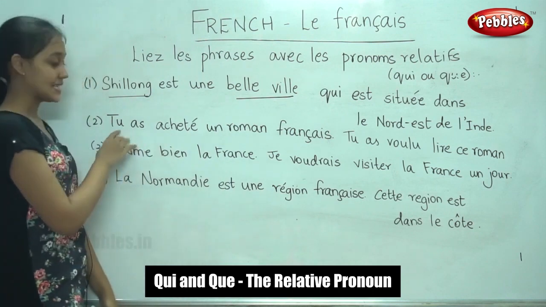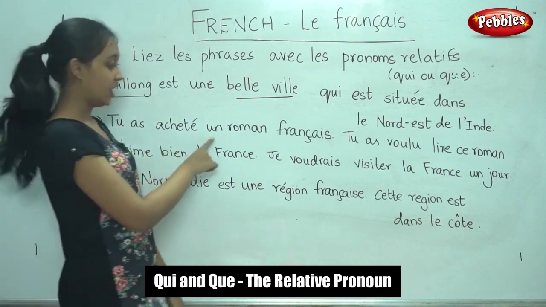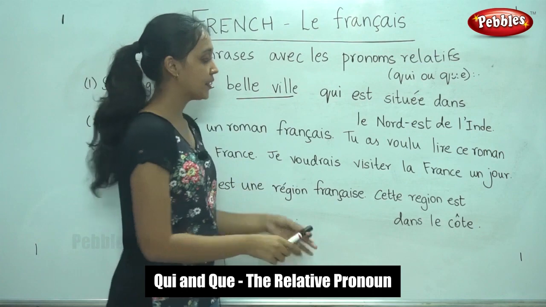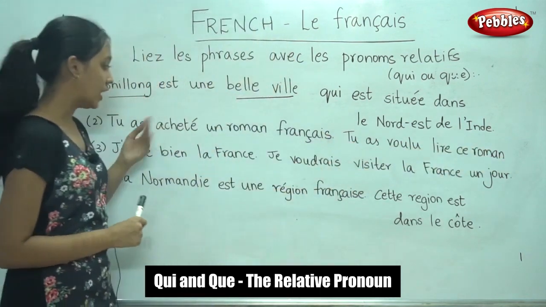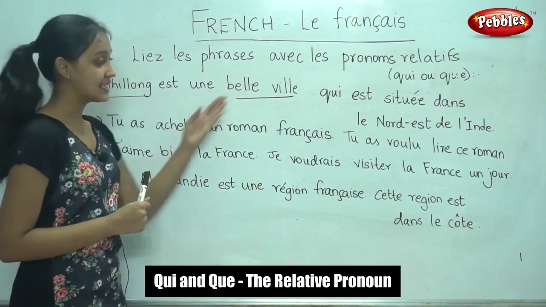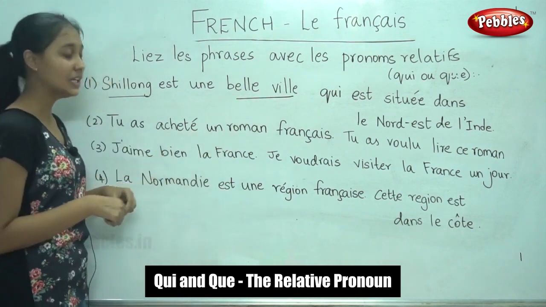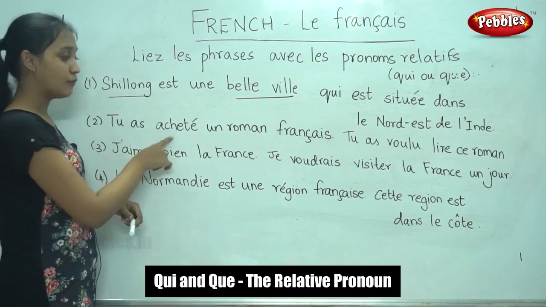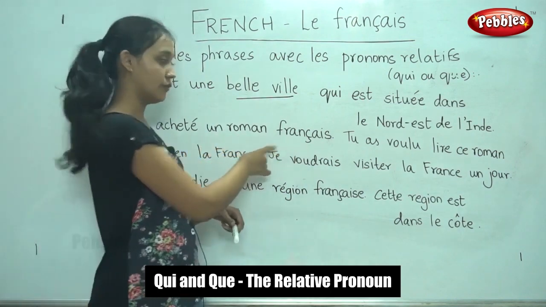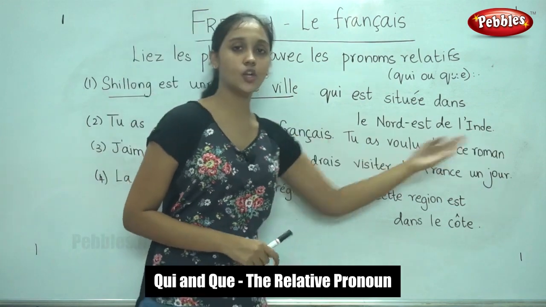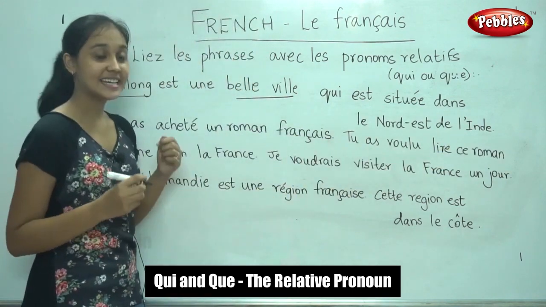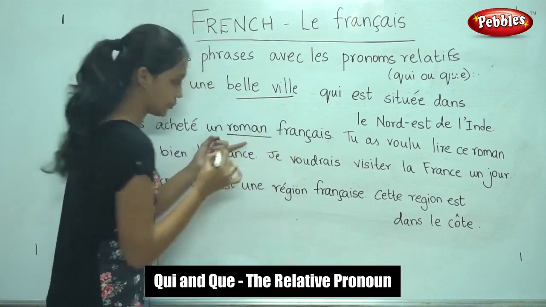The next sentence is Tu as acheté un roman français. Tu as voulu lire ce roman. Now, what is the word that is repeated? First, what is the meaning of this sentence? You have bought a French novel. You wanted to read this novel. So the word that is repeated is roman.